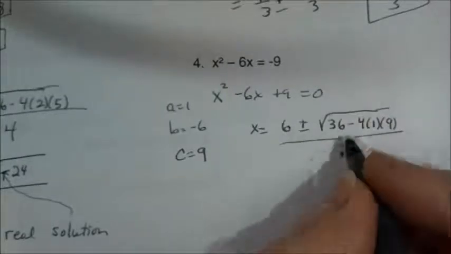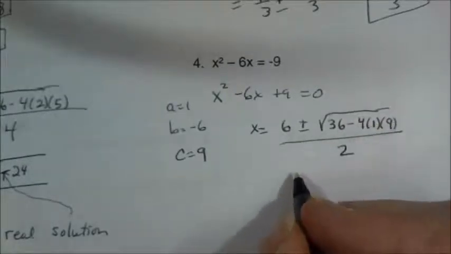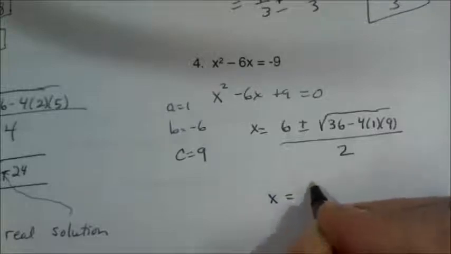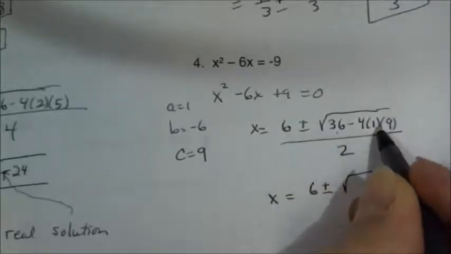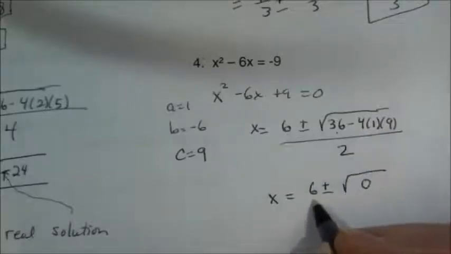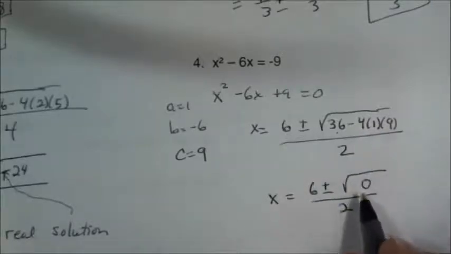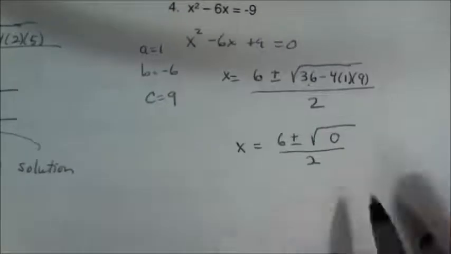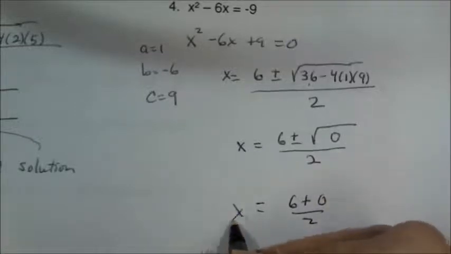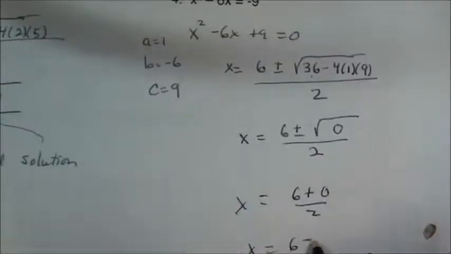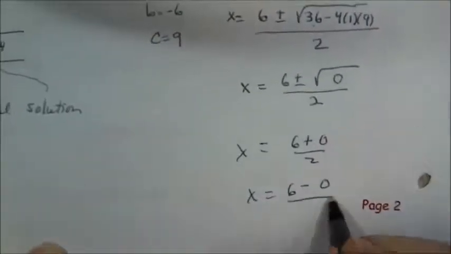And we can simplify this down. 4 times 1 times 9 is 36. So x equals 6 plus or minus the square root of 36 minus 36, which is 0, all over 2. Well, the square root of 0 is 0, so what we have is 6 plus the square root of 0 over 2, and 6 minus the square root of 0 over 2.